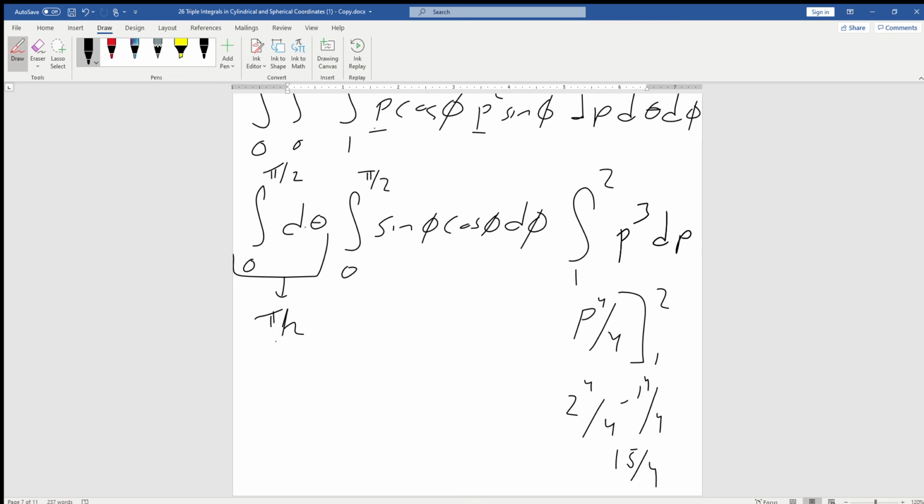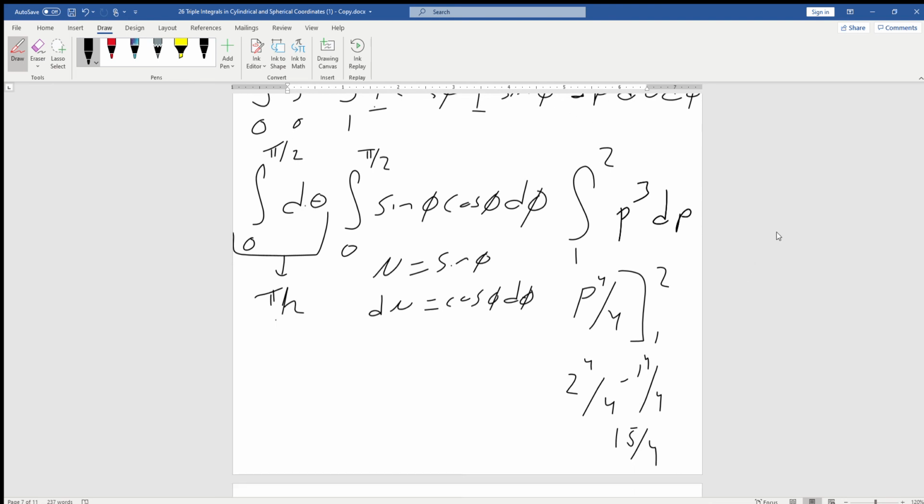Now the only one that we really have to worry about is this sine phi cos phi. All right, this is a u substitution. Let's let u be equal to sine of phi. Du is cos phi d phi. All right, and that's perfect. That's exactly what we want.